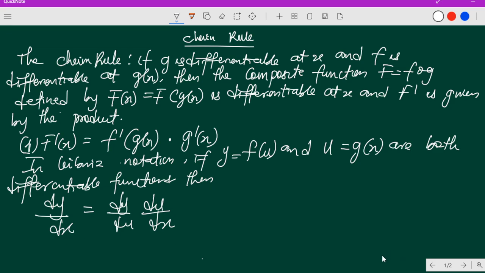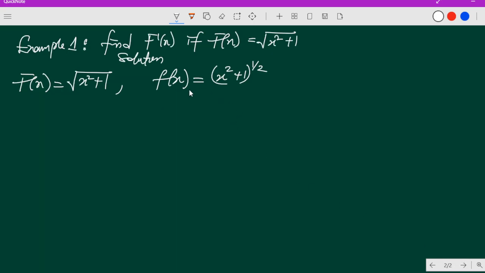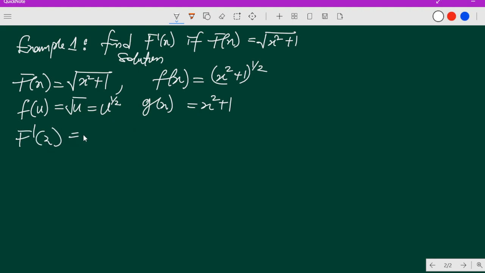That is the most important thing to know at this junction. Here f of u is root u, or u raised to power half, and g of x is x squared plus 1. As the formula says, you first differentiate, leaving g of x, and then multiply with g prime of x. This is just the formula.